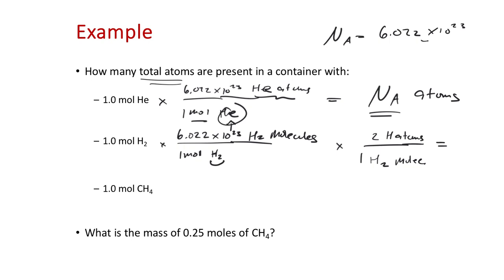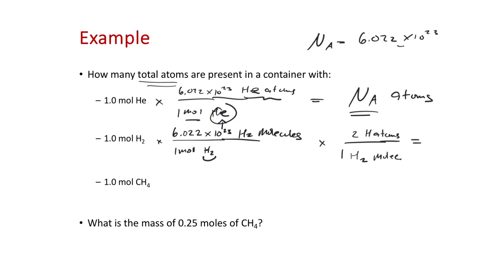We had done this problem in thought before. Here's just working it out numerically with dimensional analysis so that we can see we get 2 times Avogadro's number. I think you can see where we're going with this for CH4. We're going to end up with 5 times Avogadro's number, but let's make sure we see why. Again, it's because we have 1 mole. Let me not write 1.0 mole.